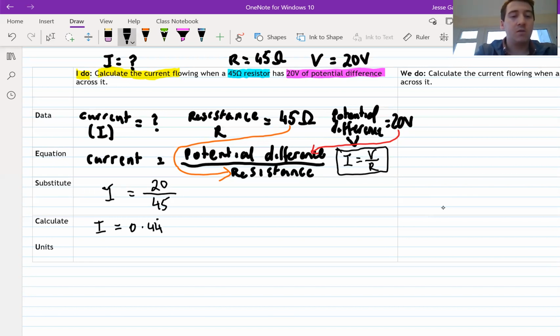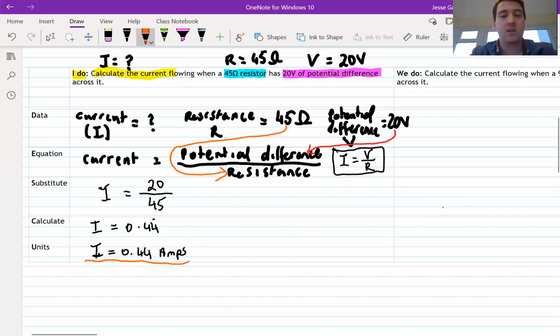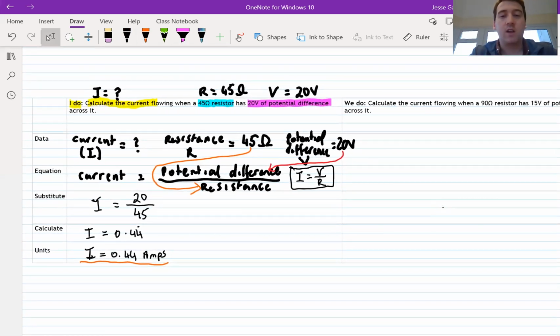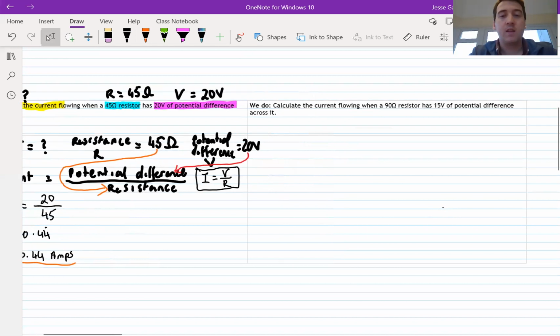The last line is units. I equals 0.44. Well, this is current, so the units for current are amps. And that would be my final answer. That is how I use the DESQ method to solve an equation in science.